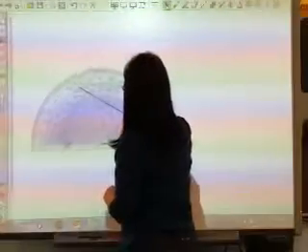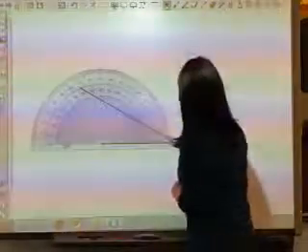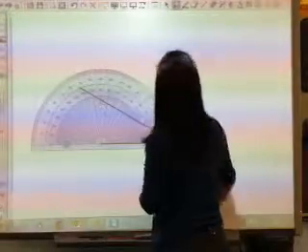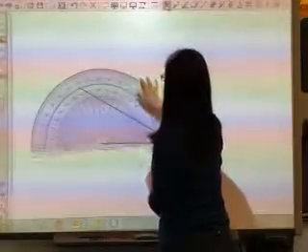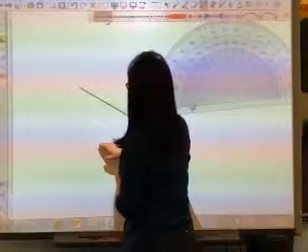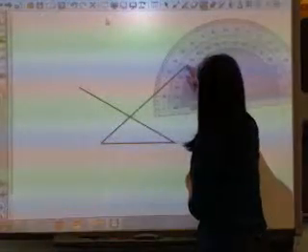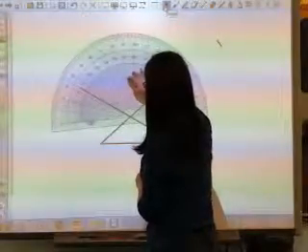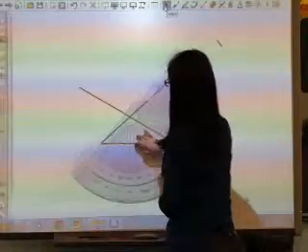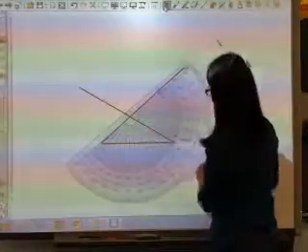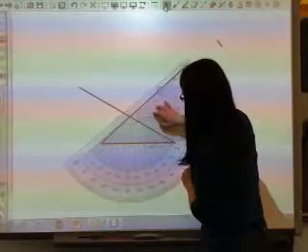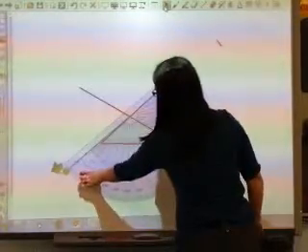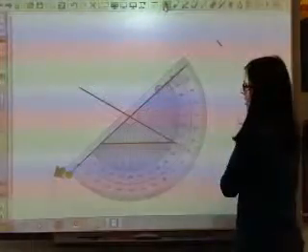And then I'm going to draw my 40-degree angle. And then what's left over, this angle in here, should be 110 degrees. That's my 110.